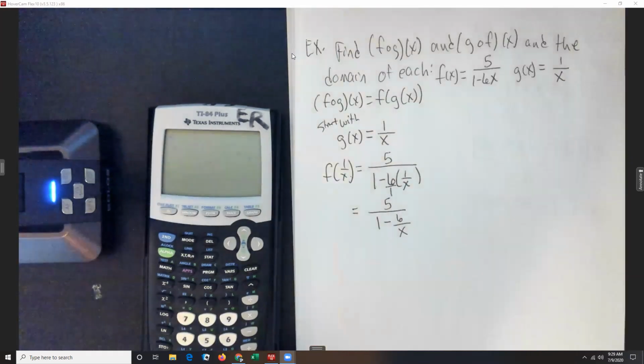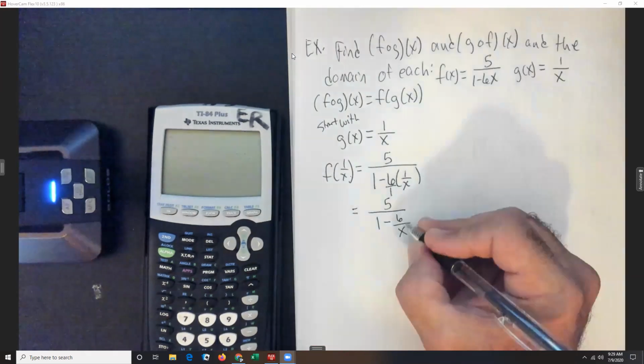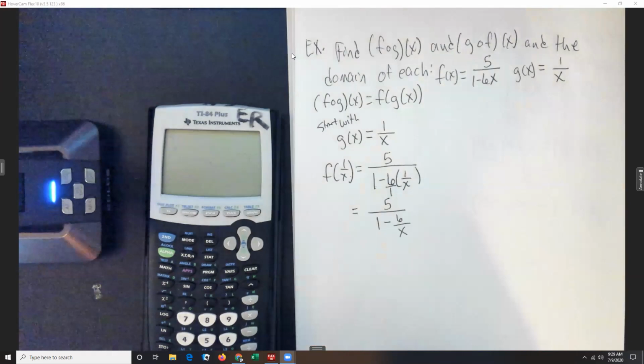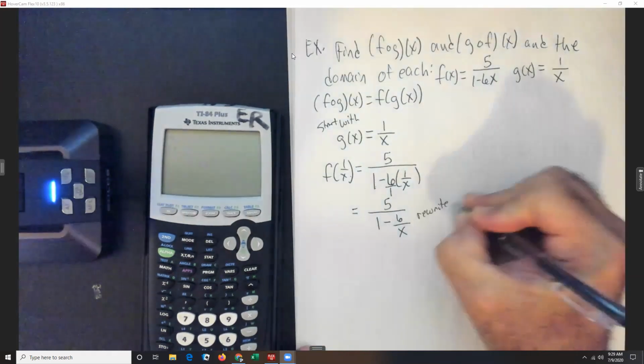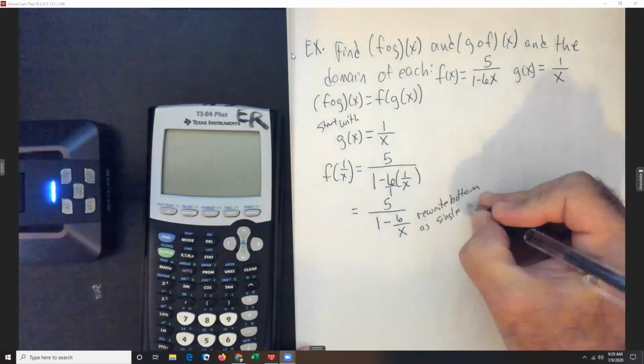So your next step is to rewrite the bottom as a single fraction.